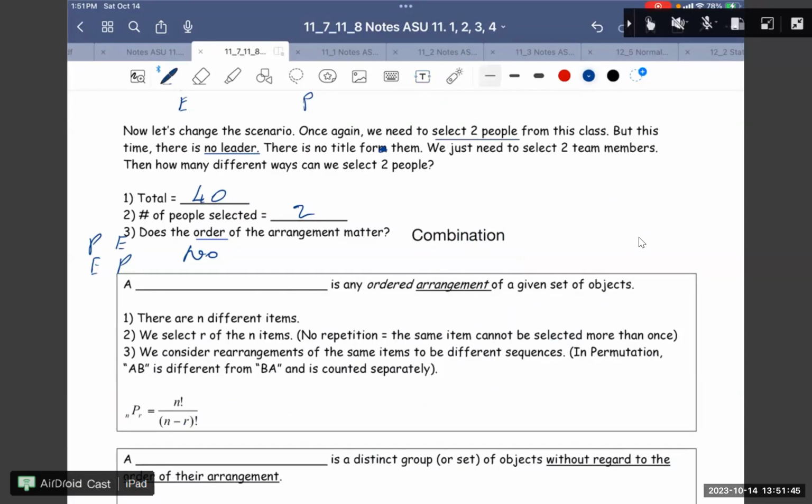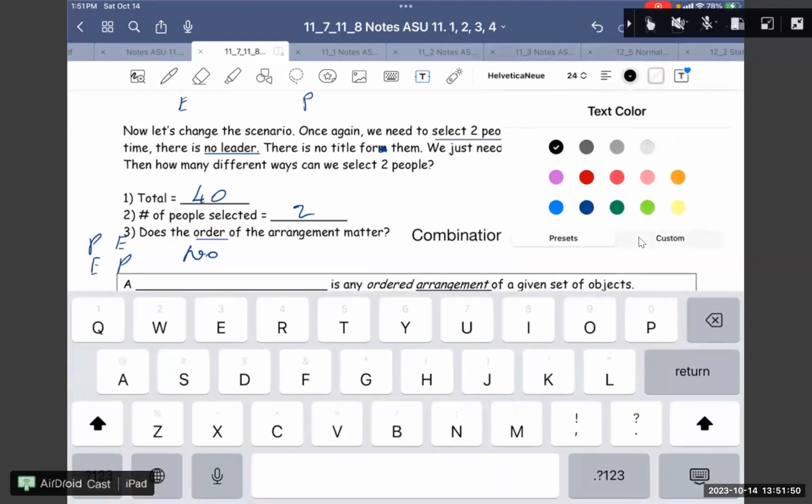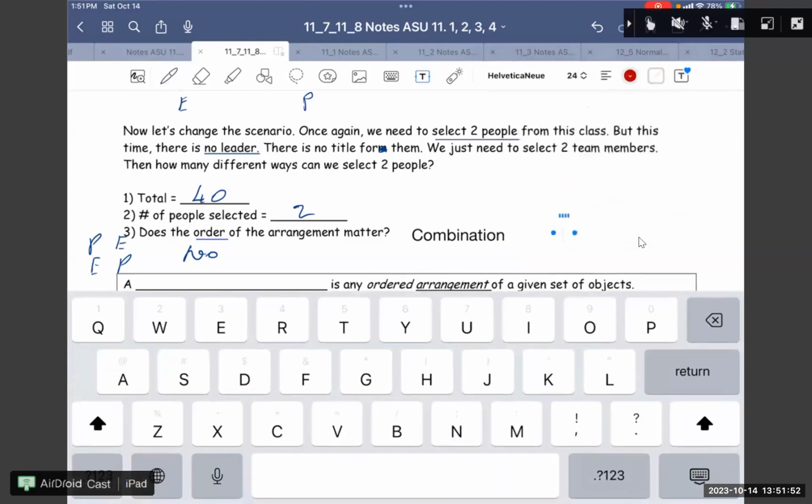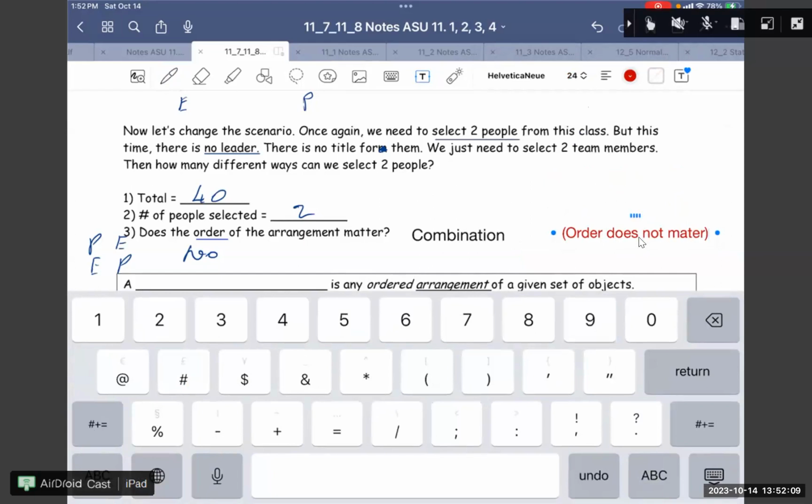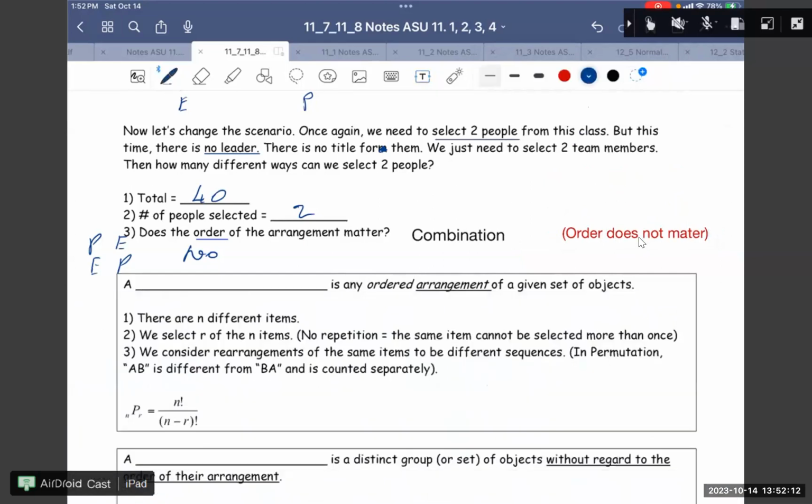So if the order does not matter, it doesn't matter whatever way we rearrange it. So this one we call combination.